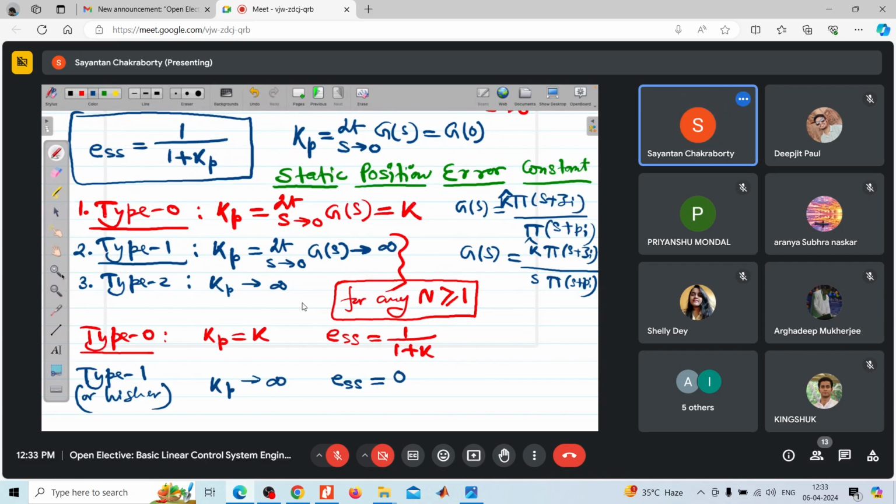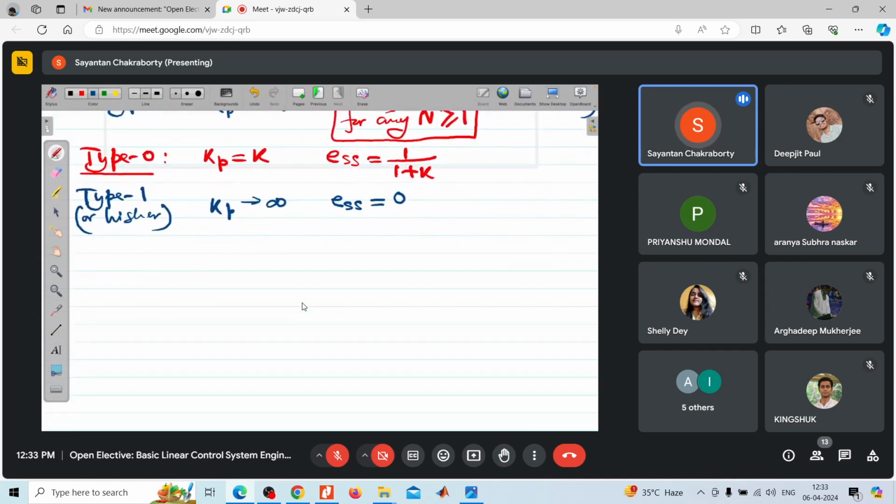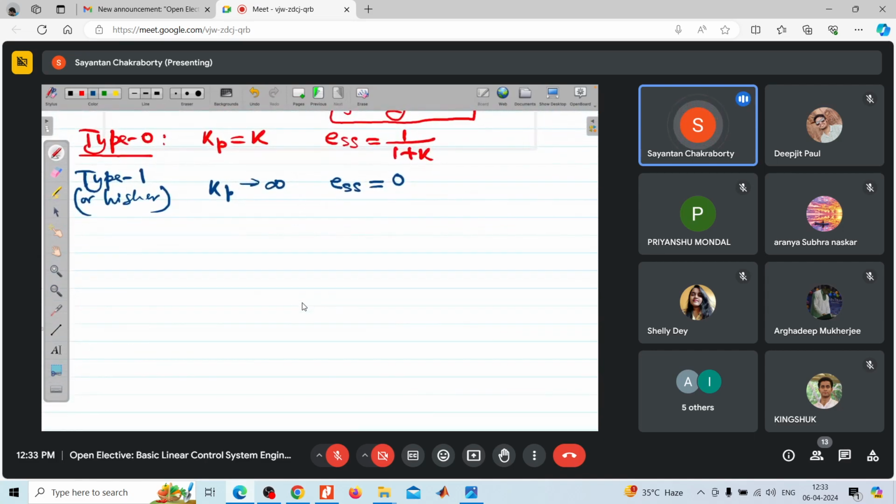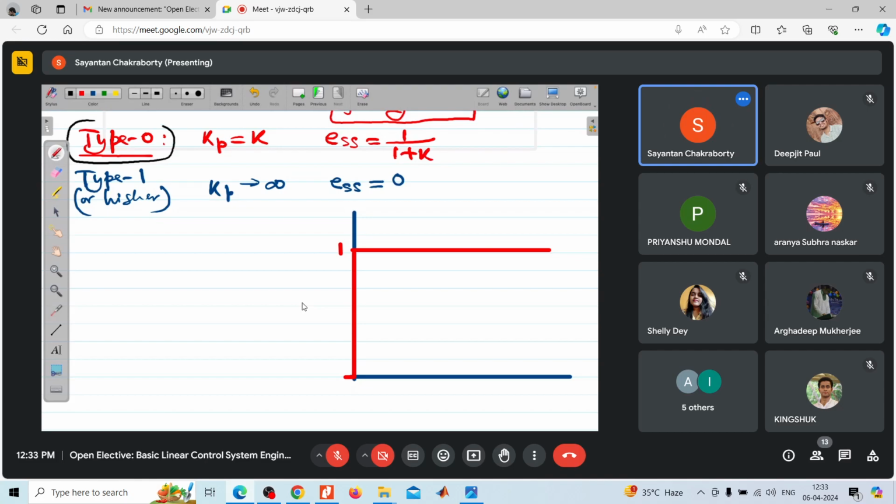So if you now try to understand what is actually happening, suppose I have given a unit step input like this. For a type 0 system, my behavior will be something like this.